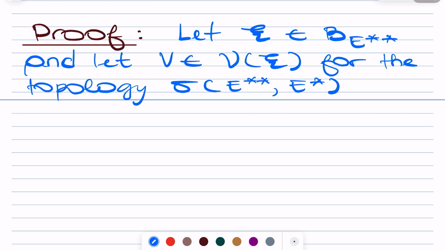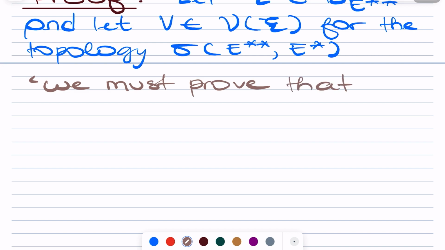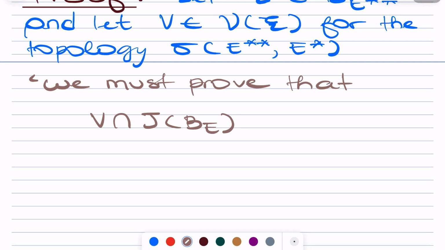So let's recall, we must prove that the image of the closed unit ball via the canonical embedding intersects any neighborhood of xi. So this should be different from the empty set. But this is what we want to prove.